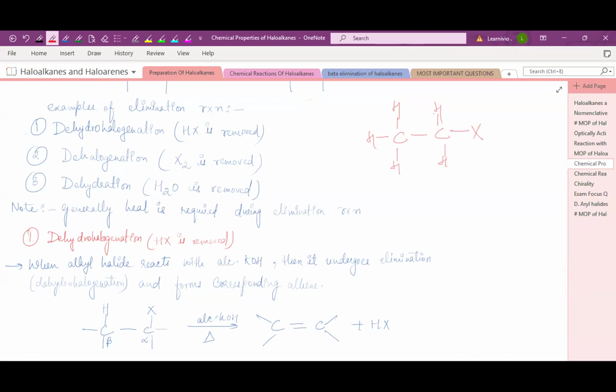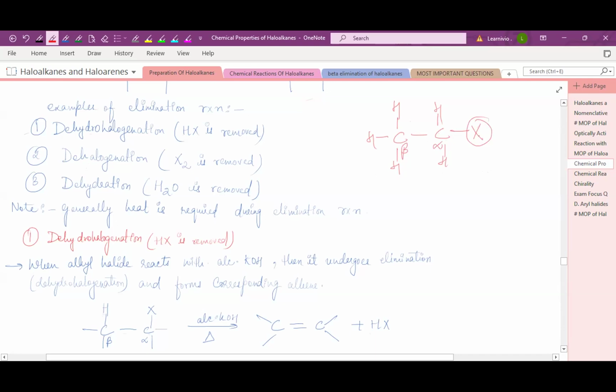What you are supposed to do is eliminate X from this. X is attached to this carbon, so this is your alpha carbon. This functional group, halogen, is attached to this carbon, so this carbon is known as the alpha carbon, and the adjacent carbon of the alpha carbon is known as the beta carbon.